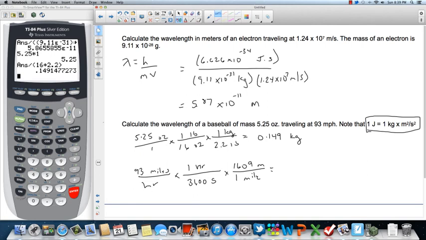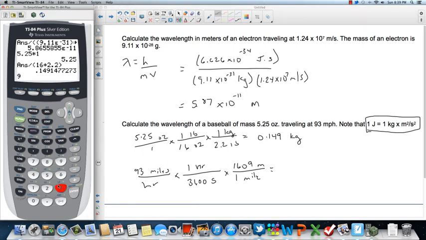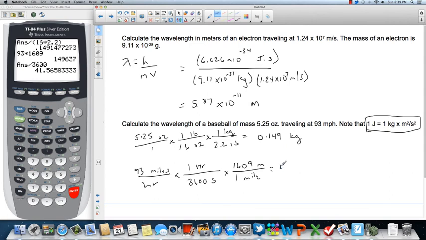So what you're left with is 93 times 1609 meters divided by 3,600, and what we have is equal to about 41.6 meters per second.